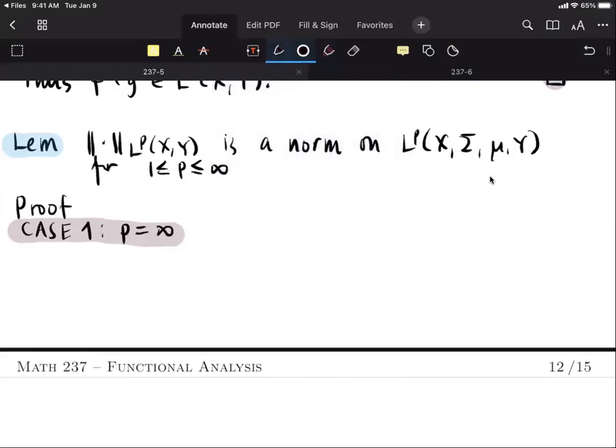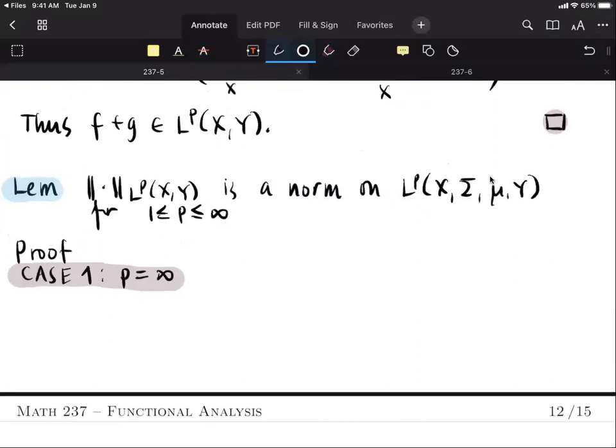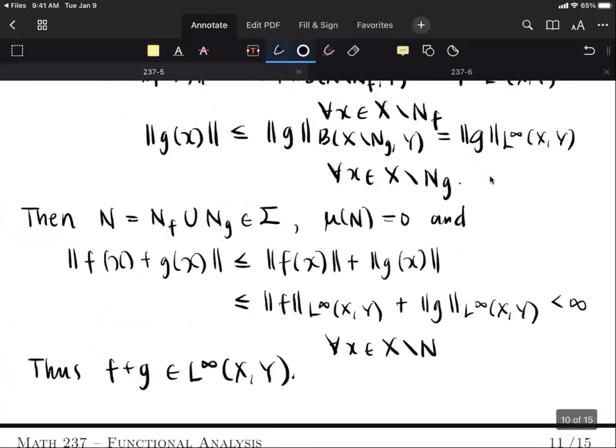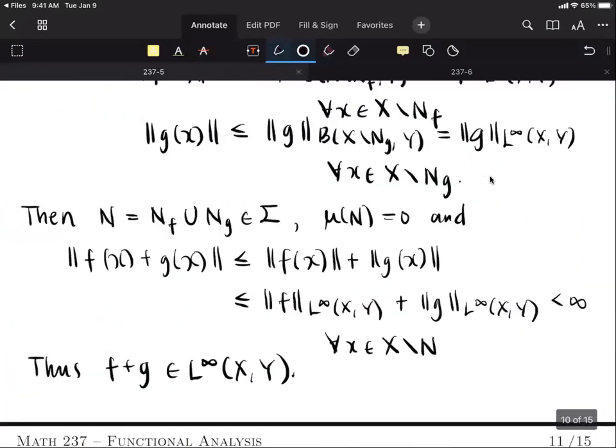When p is equal to infinity, going back to what we have established here, let us emphasize this part.